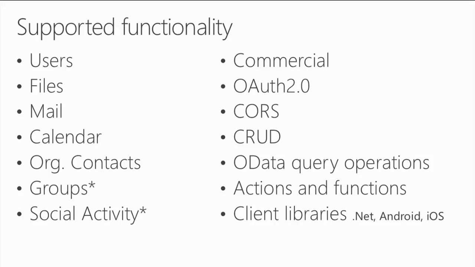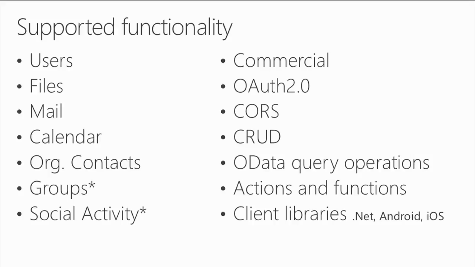Then we have all of the things that I showed today on top of our commercial properties, like Office 365 Commercial. It supports OAuth 2.0, CORS, full CRUD. Up to now, I've been only showing GET requests, but the full CRUD support is also there. OData query parameters for doing operations like $top, $skip, $select, $filter, $format, all of the OData goodness that you can use to get the data that you're looking for.